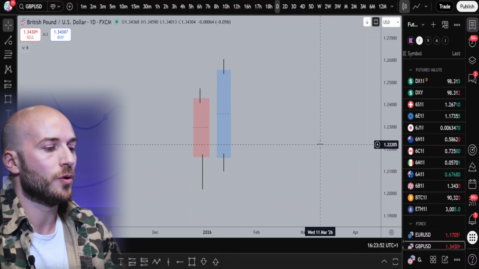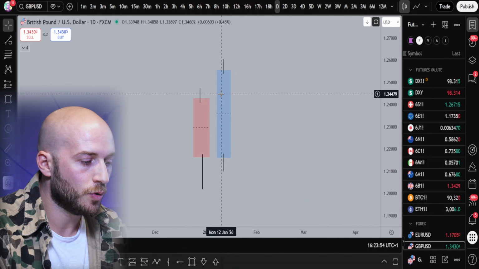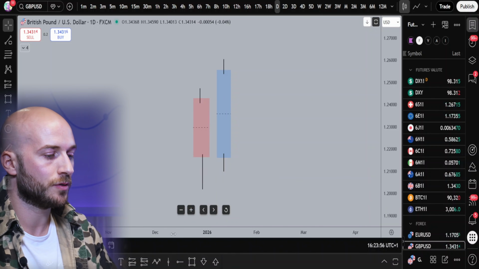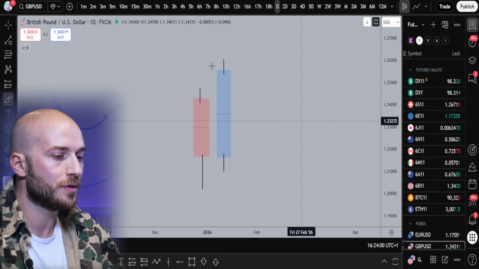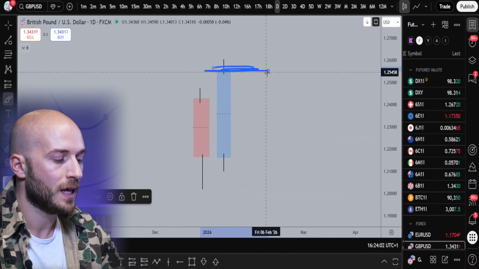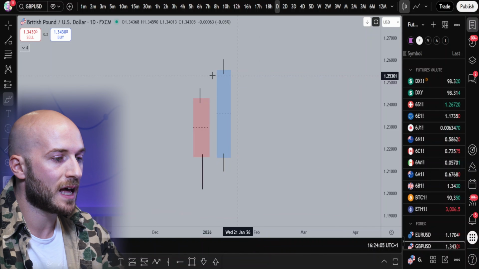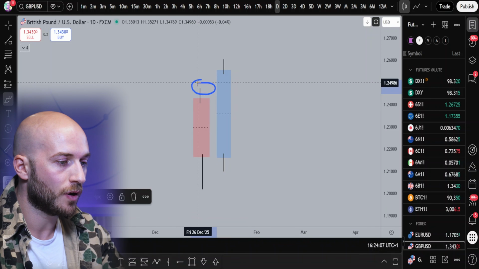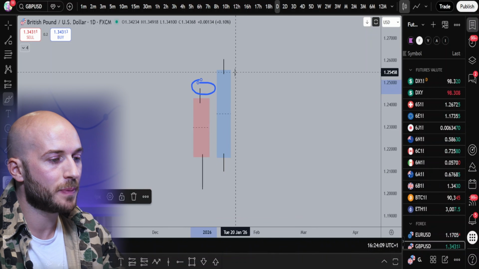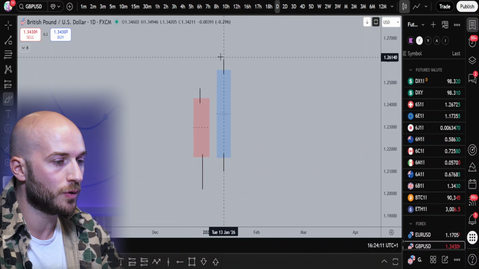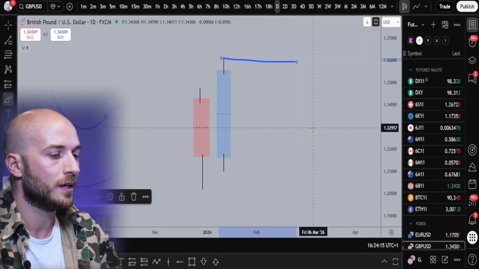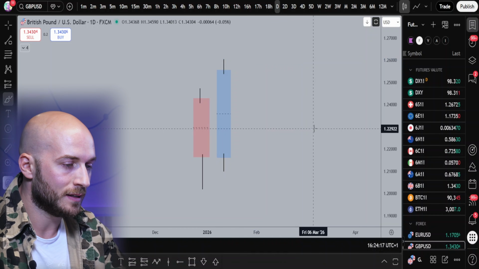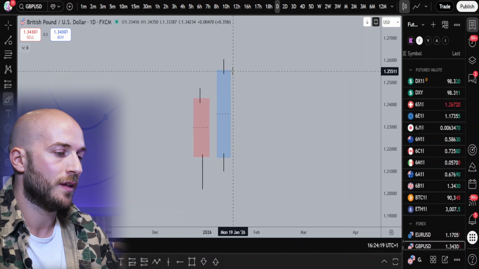So now you have to point your attention to the closure of the candle. Now the closure is up right here. If the closure is above the high of the previous one, I'm expecting the price to reach at least the high of the current candle. And this is a huge thing.